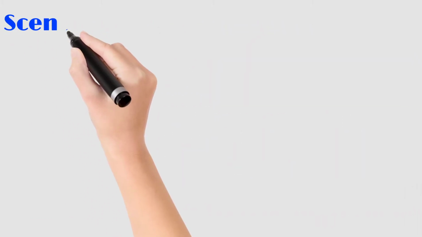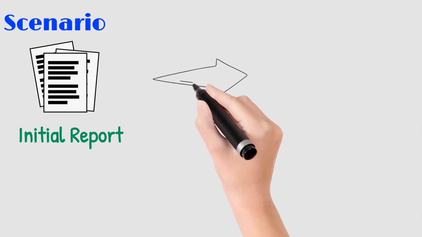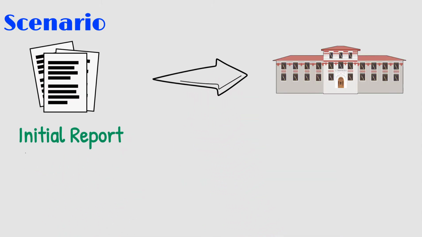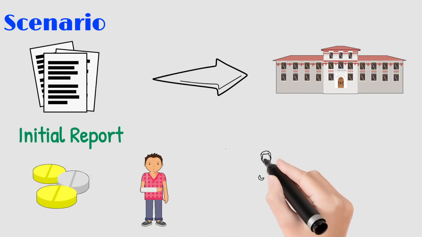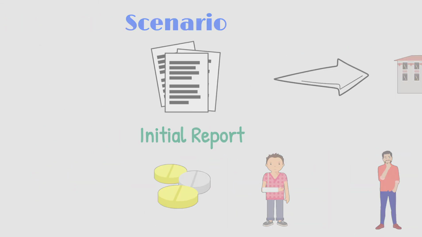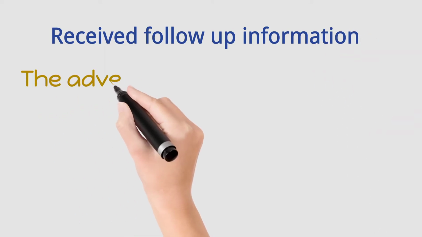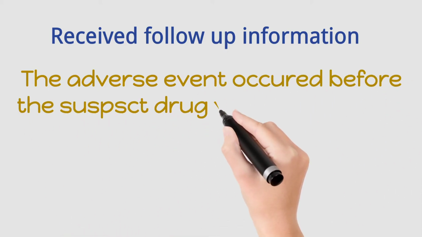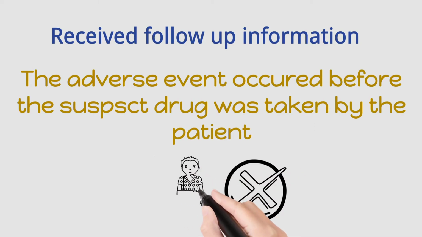Now let's discuss another scenario. You have submitted an initial ICSR report to the regulatory authority with all 4 minimum criteria, which are suspect drug, adverse event, identifiable patient, and identifiable reporter. After submission of the ICSR report, you received follow-up information for the same case. And the information we receive in follow-up is that the adverse reaction occurred before the suspect drug was taken by the patient. So now after receiving follow-up, our case does not have one of the validity criteria, which is the adverse event.